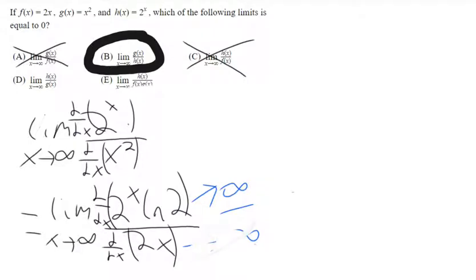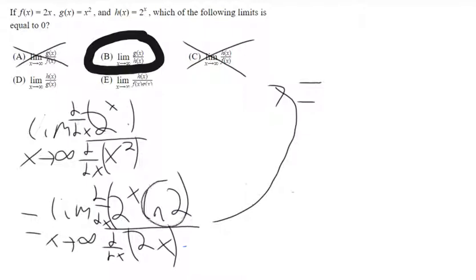Let me get rid of this. So we know that this is equal to, so here we have the natural log of 2 in the numerator. I will pull that outside of the limit. This is going to be the natural log of 2 times the limit as x goes to infinity of derivative of 2 to the x.